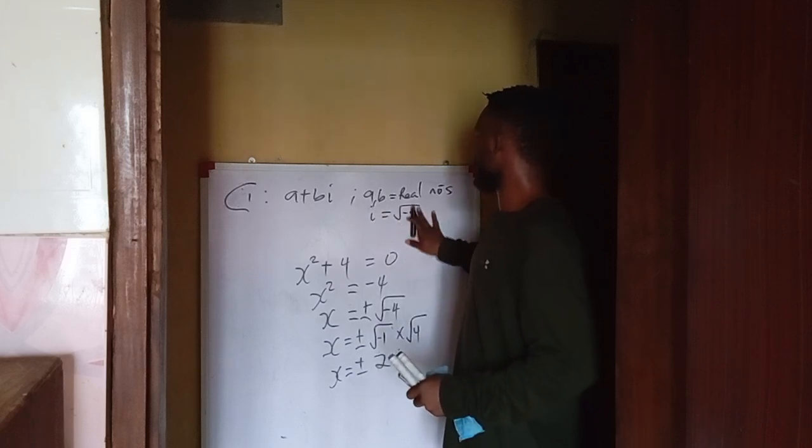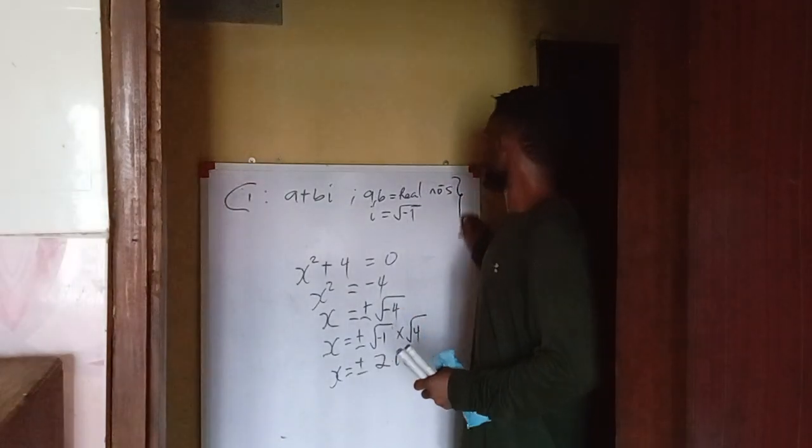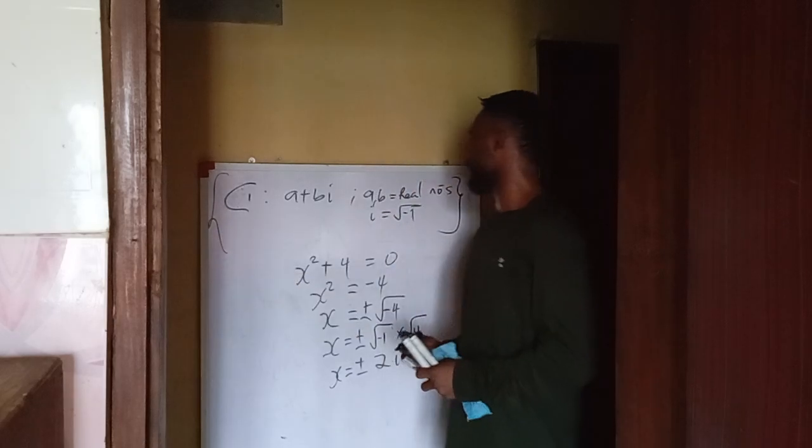So we can say that i is the imaginary part. We know that anytime we talk about a set, we use curly brackets, so we close it.